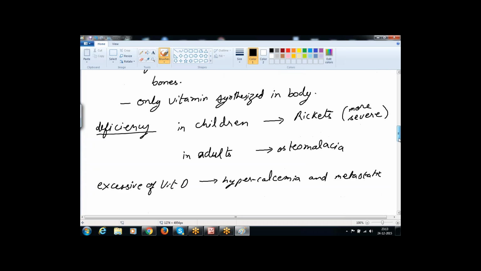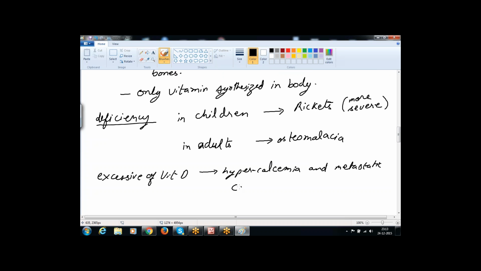Metastatic calcifications means calcifications start forming here and there, which means, for example, kidney stones can form, stones can form here and there.